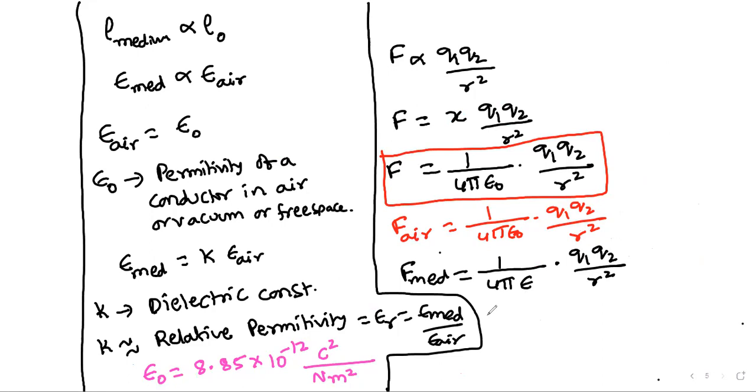By definition, epsilon medium equals k times epsilon naught, so instead of epsilon, I will substitute.